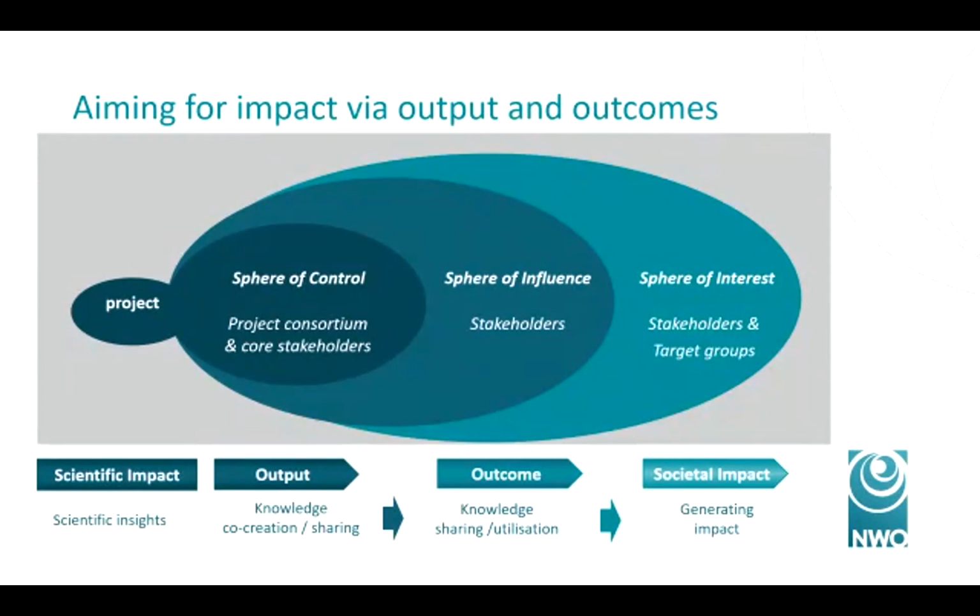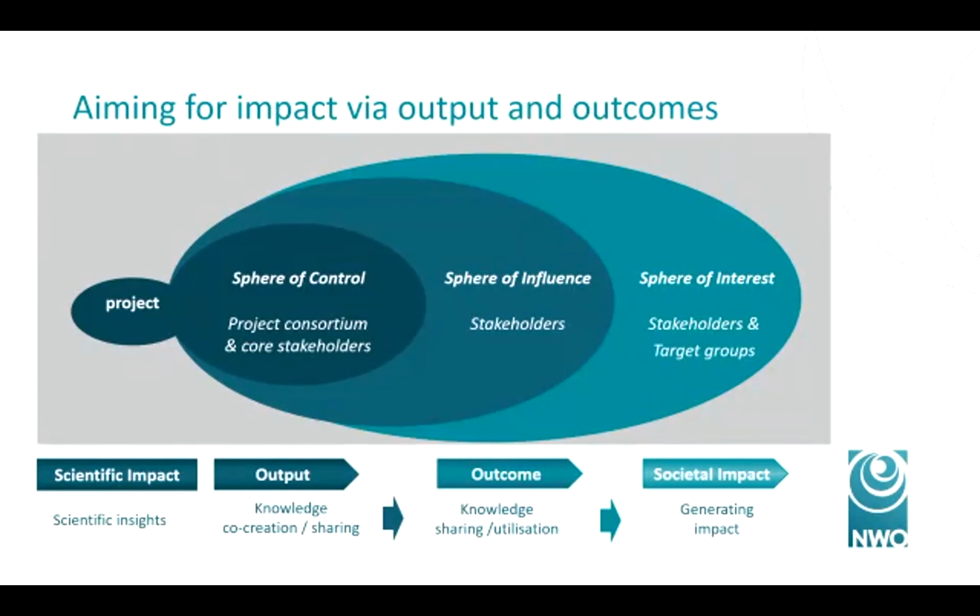Perhaps you've seen somewhere along the roadshows we've had for the past year regarding this new policy on knowledge utilization, this graph, this picture. It's meant to show that you are always working on a project, and the project has its own sphere of control, the consortium or linked stakeholders.